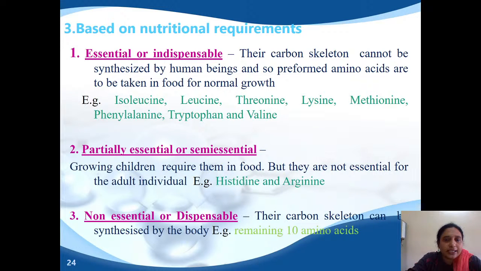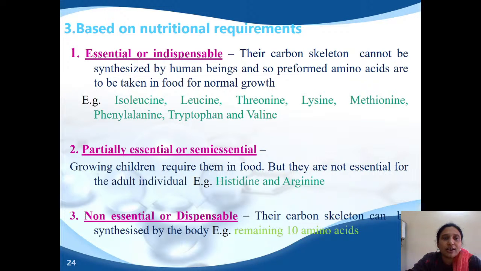But the last two, histidine and arginine, are semi-essential or partially essential. Why are they semi-essential? Growing children require them in the food, but they are not essential for adults.